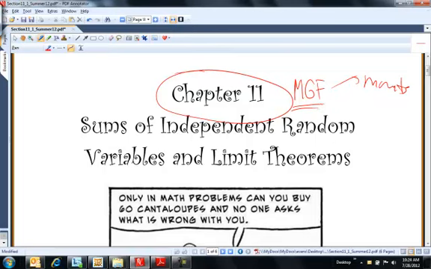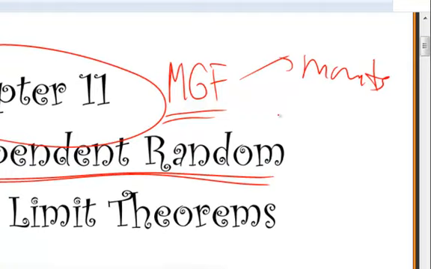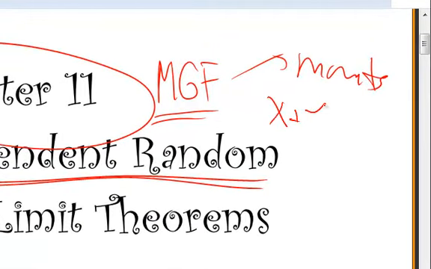Namely, it gives us a nice way of learning how to sum independent random variables. Otherwise, this can be very, very difficult, adding random variables like x plus y or any combination.